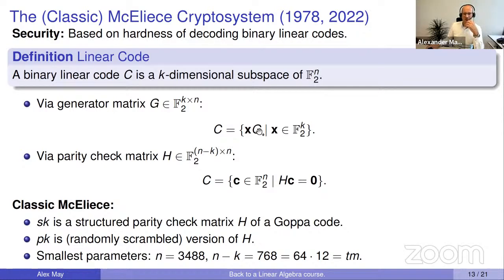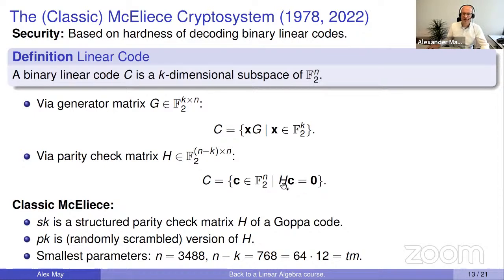But for the remaining talk, you can also define it via the dual. So you should think of the parity check matrix H, and this has a codimension n minus k. The dimension here is k, so the dual has dimension n minus k, and I will call it the codimension. You can also write C as the kernel of this matrix H, the right kernel.